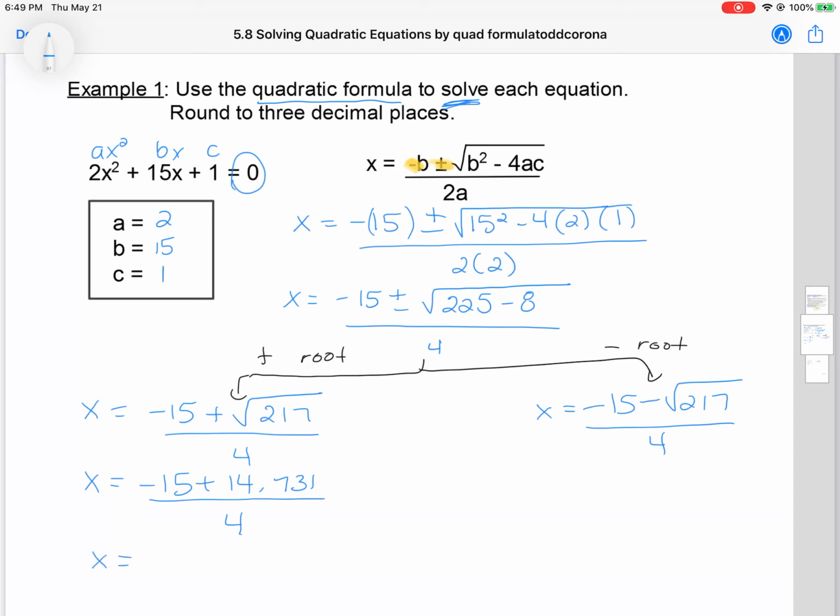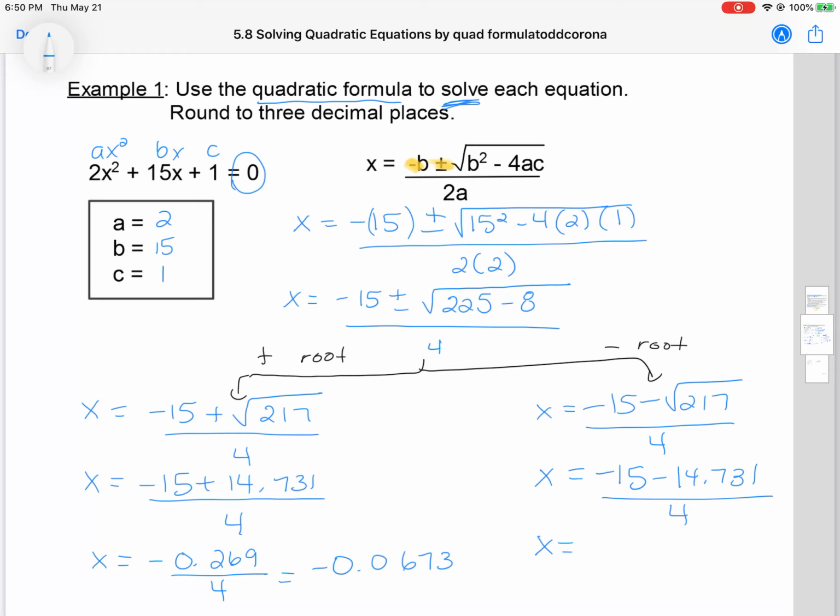Leave a few decimal places. Okay, and then over here, now the square root is going to be the same number. You're just subtracting it.